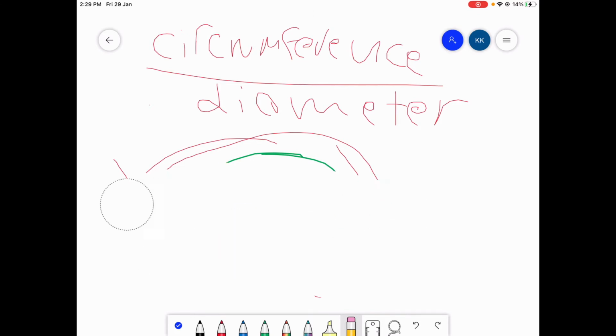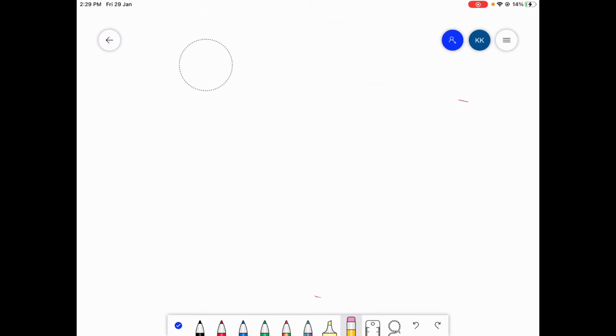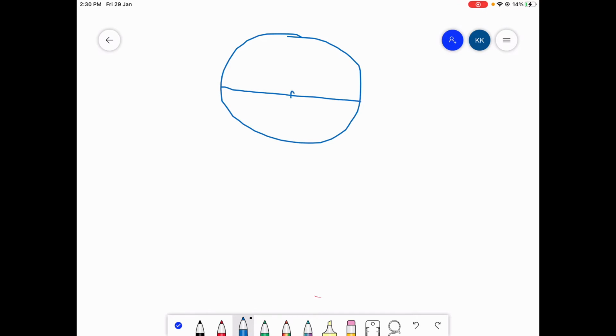After we know about the circumference and the diameter, we're going to learn about measuring, estimating and explaining. So basically, if we have this circle, its diameter is 100. Let's say it's 100 centimeters. We need the unit.